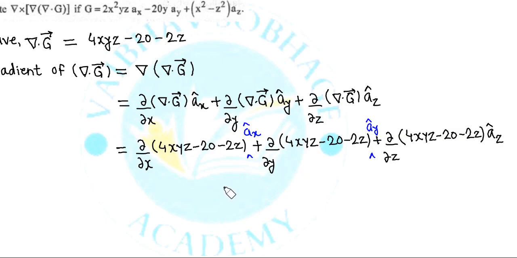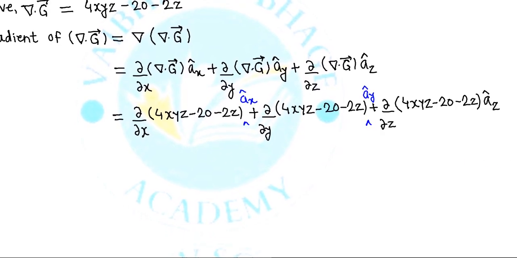Now we are going to differentiate the divergence of the given vector g with respect to x, y, and z. What is the differentiation of this whole term with respect to x? We will have 4xyz with respect to x, so we find 4yz, since y and z are constant.